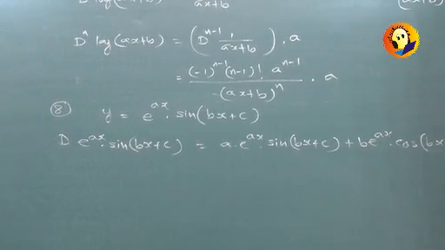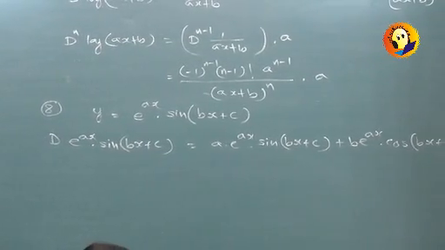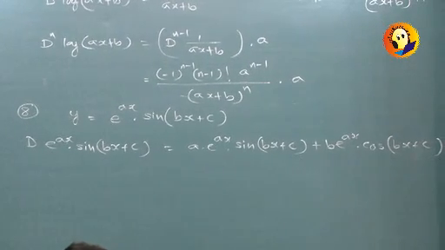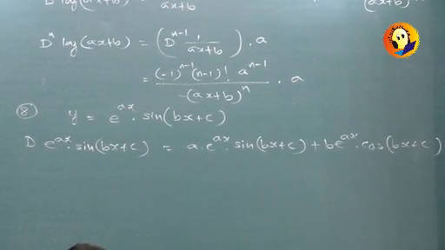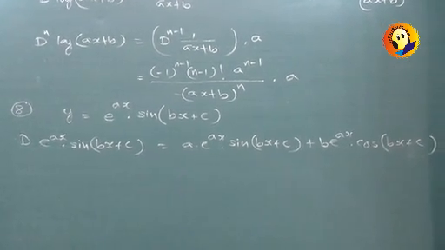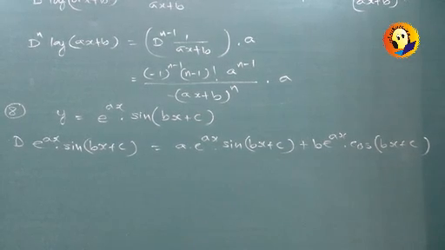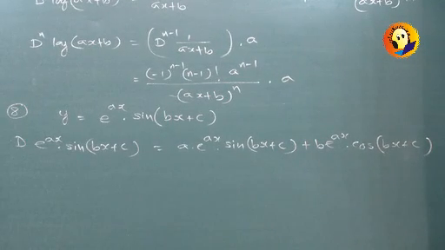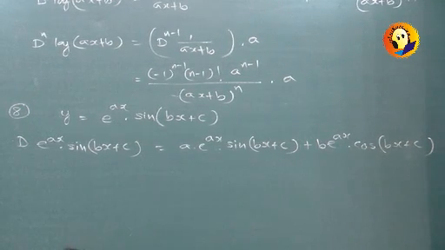But then we need to generalize. Now what do we do? For cos n theta? Sine of bx plus c plus pi by 2.